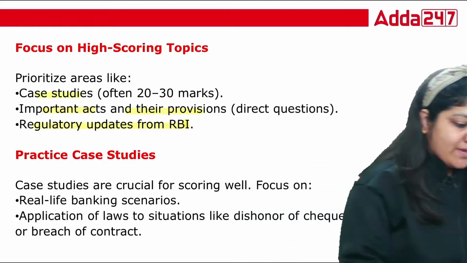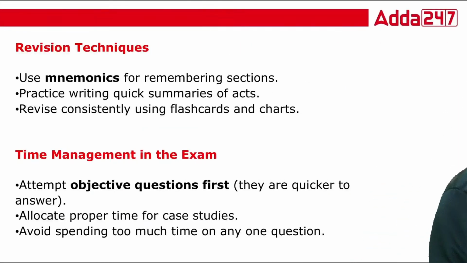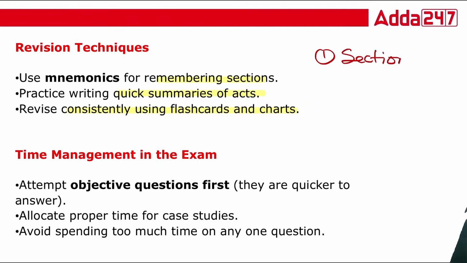Then revision: use mnemonics for remembering the sections. Practice writing quick summaries of the acts. Revise consistently using flashcards and charts. Class, in the acts, basically you will face the sections. You have to deal with the penalty provisions.